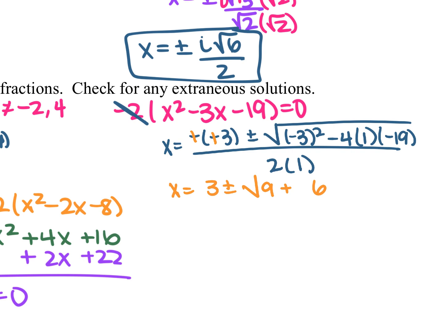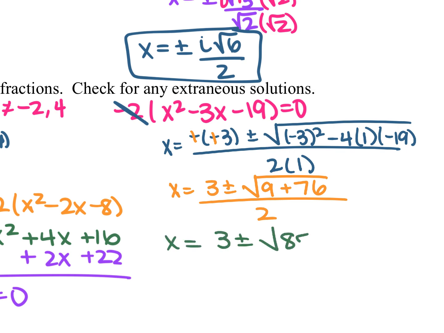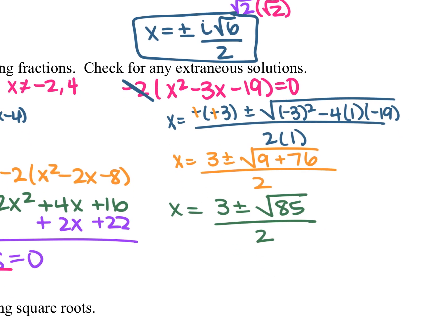Carry the 3. 4 times 1 plus 3 is 7. So that's 9 plus 76 all over 2. From here, this simplifies to be 3 plus or minus the square root of 85 all over 2. This does not simplify, so this is your answer.